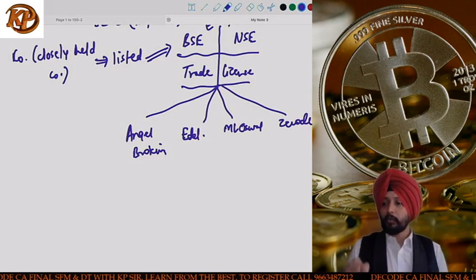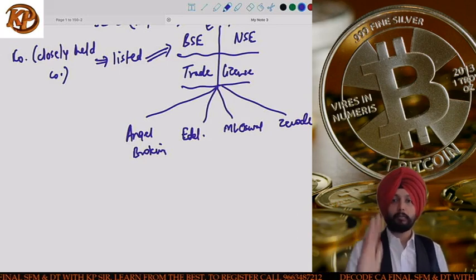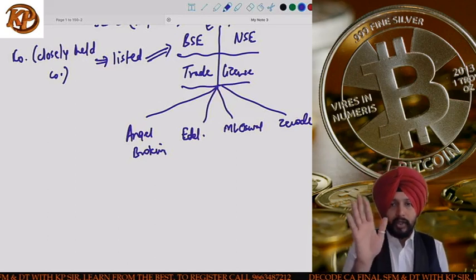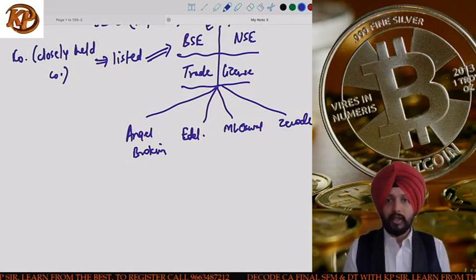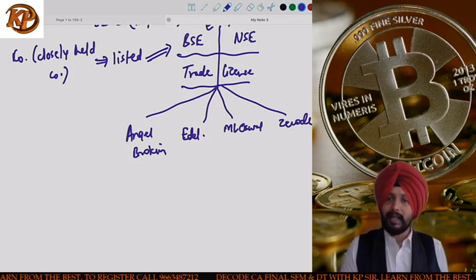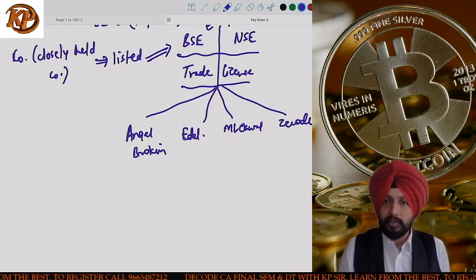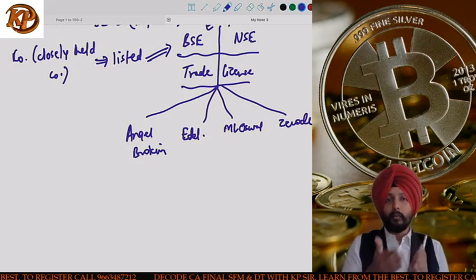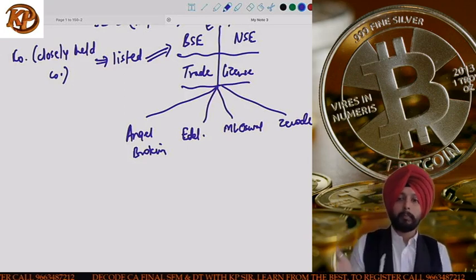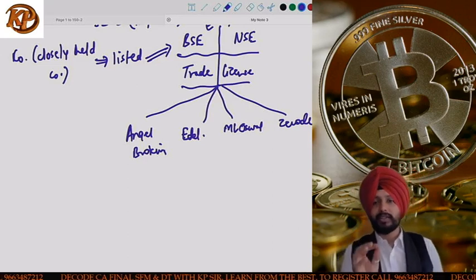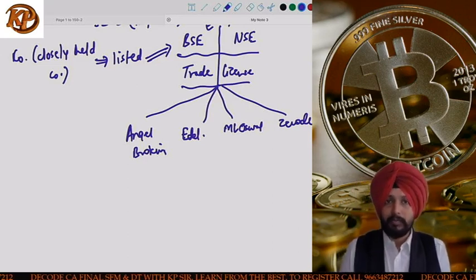Company, if they are doing any kind of defaults, BSE and NSE is supposed to report to SEBI about it. So there are a lot of regulations which BSE and NSE have to look for in different companies which are listed on BSE and NSE, and there are thousands of companies which have listed their stocks on BSE and NSE. When a closely held company wants to make its share available for public trading, they will have to get the shares listed on a recognized stock exchange.